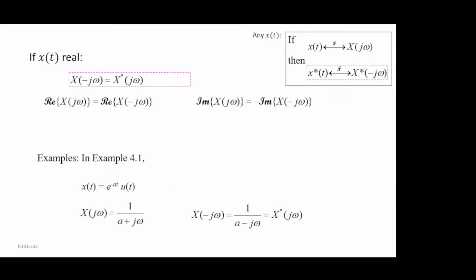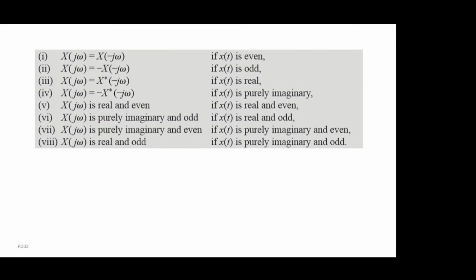And let's skip ahead a little bit. So you can get the four combinations here. First, as we said, if x is even, then big X is even. If x is odd, then big X is odd.